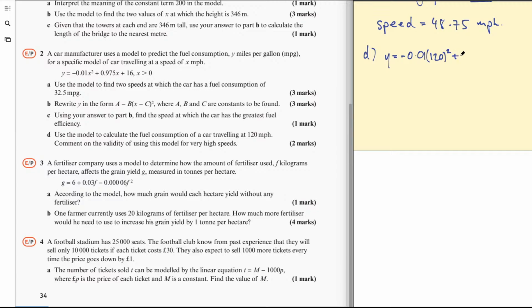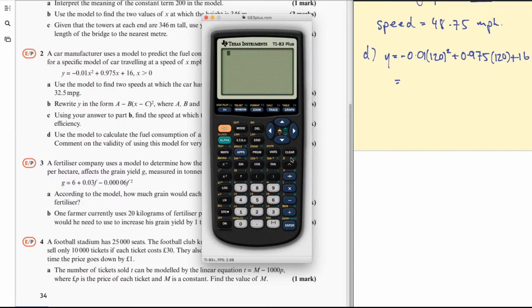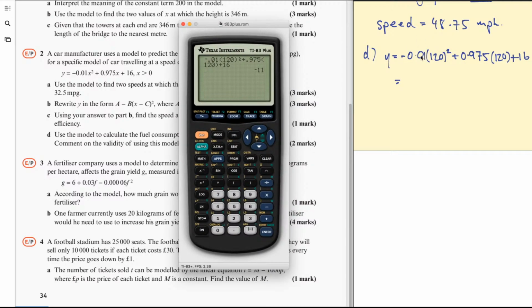I have a feeling we're going to get some silly answer, but let's see. Okay, so all we need to really do for this one is plug it into a calculator. So negative 0.01 times 120 squared plus 0.975 times 120 plus 16. Yes, so it's going to be negative because the largest number in there is a negative, so negative 11.